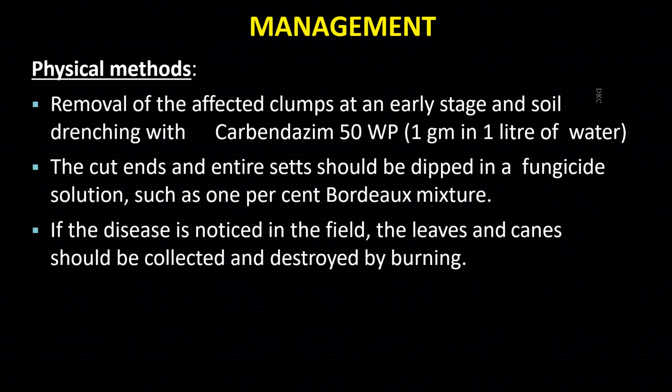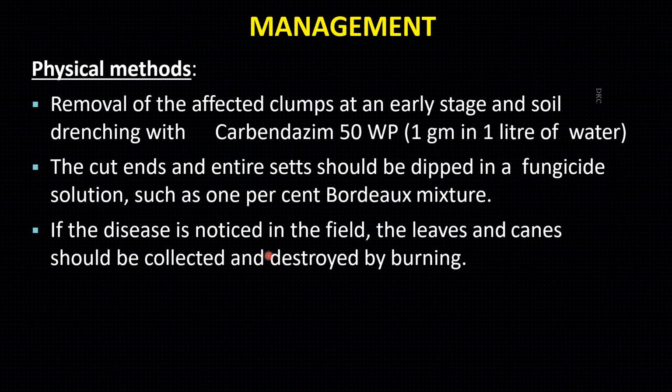Management through physical methods. In these methods, we can remove the affected clumps at a very early stage, and soil drenching with carbendazim 50 WP, that is 1 gram in 1 liter of water, can also be used. The cut ends and the entire set should be dipped in a fungicide solution such as 1% Bordeaux mixture.